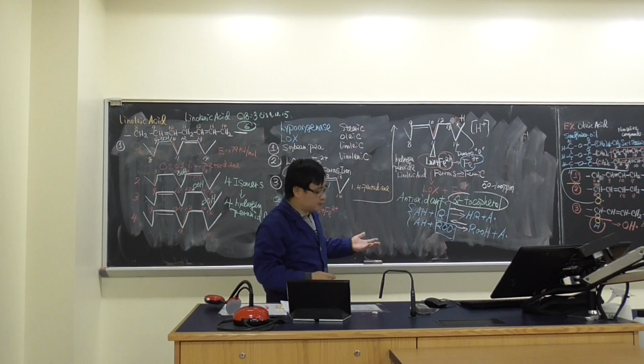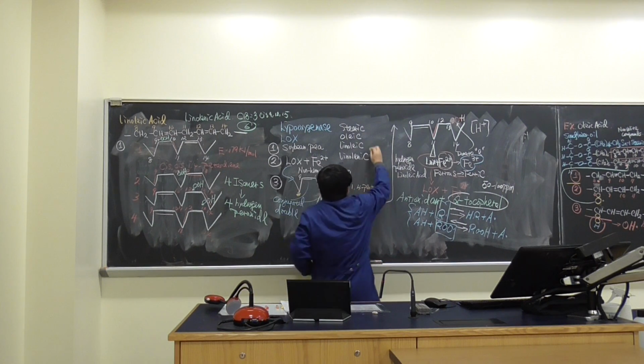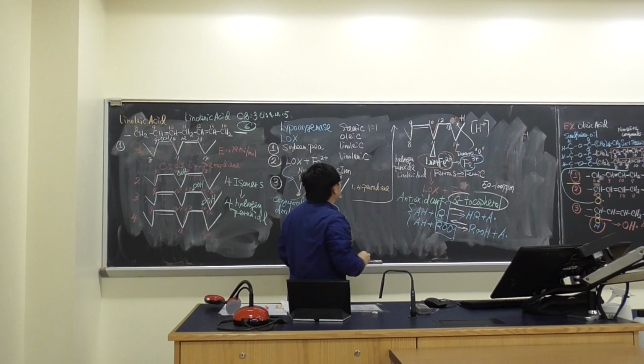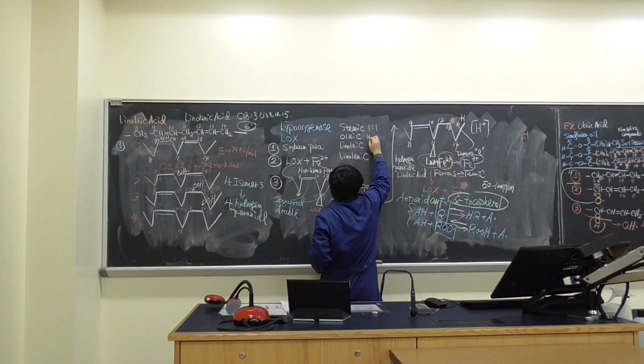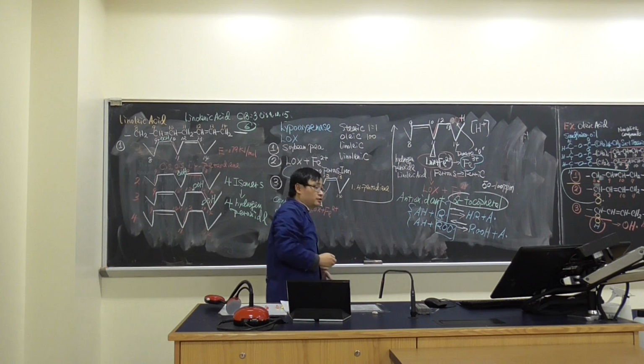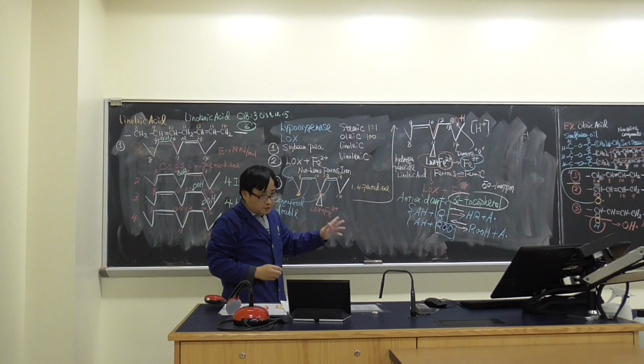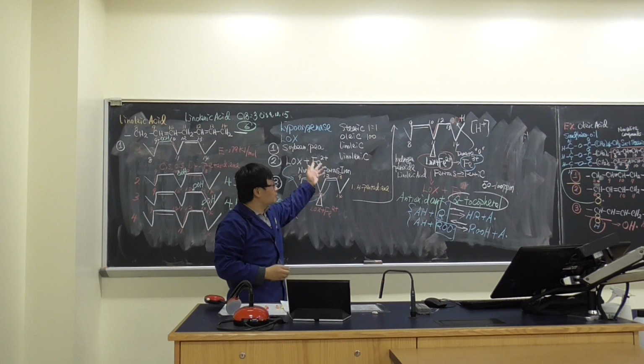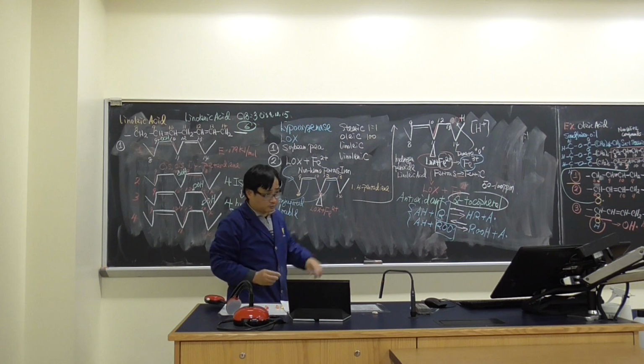If stearic acid is 1, then oleic acid is 100 times easier to have lipids oxidation compared to stearic acid, because of 1 double bond.